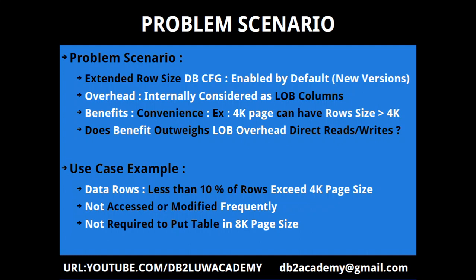For example, let's say the row size is 4500 for only 1,000 rows, and there are 99,000 rows which are within the page limit. Just for the sake of those 1,000 rows, you have to put the entire table in 8K page size, which means if we do a default calculation of extent size, it is 32. So 32 pages of 8K will become 256K of extent IO.